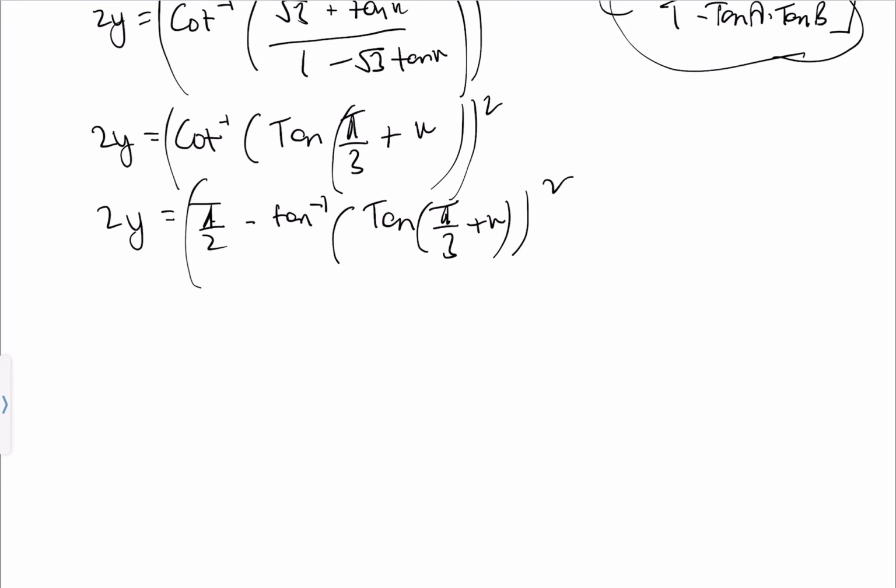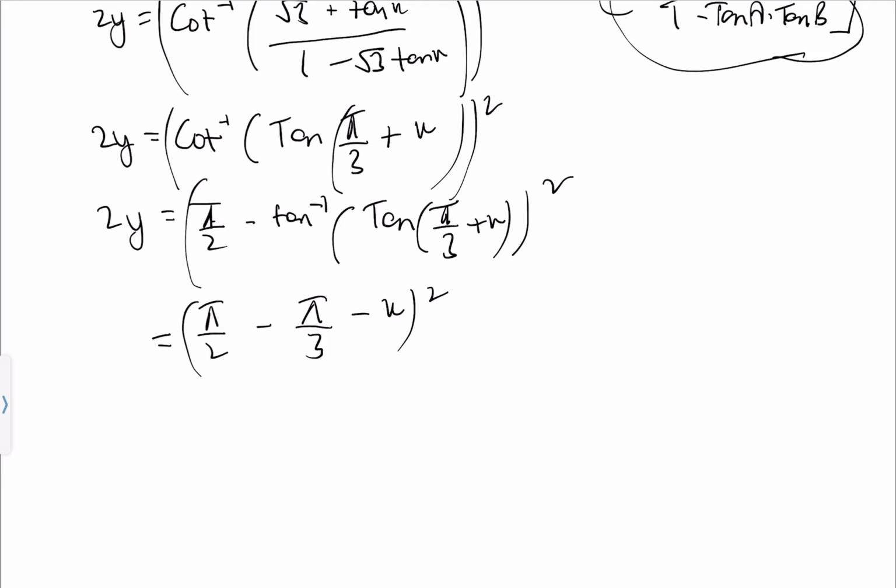This tan inverse and tan cancel out. What we have is pi by 2 minus (pi by 3 plus x), whole square.